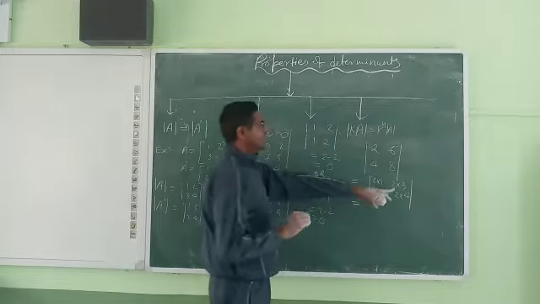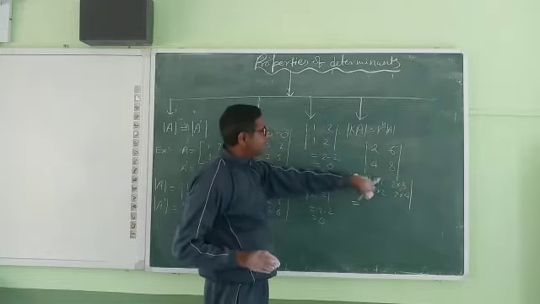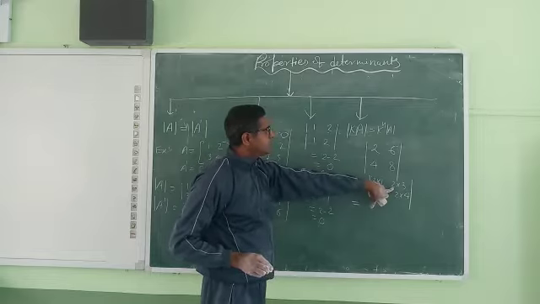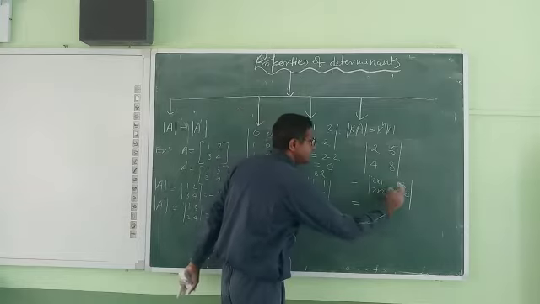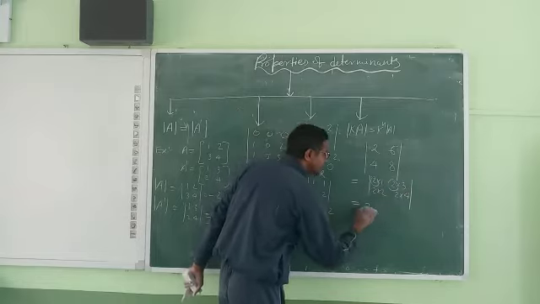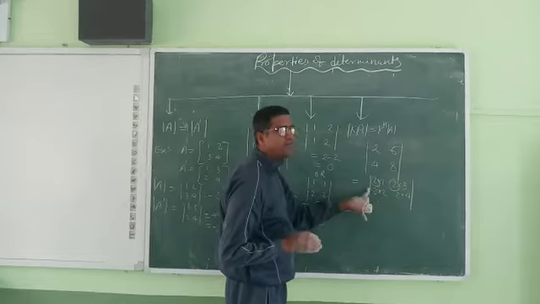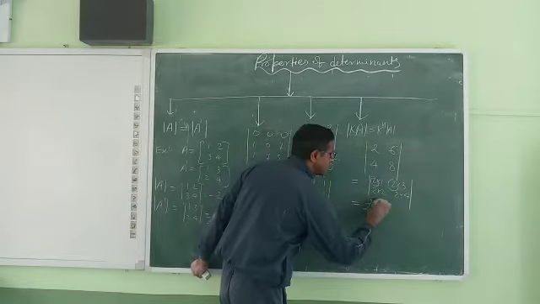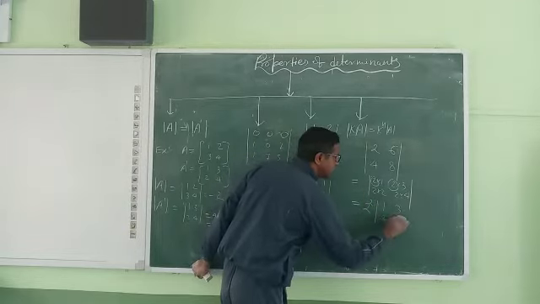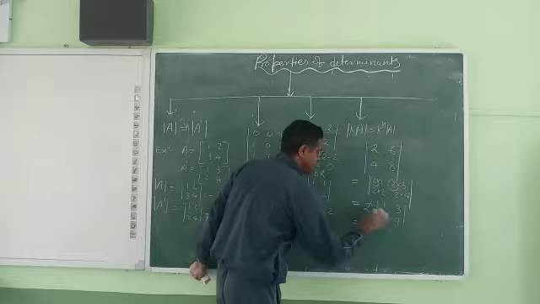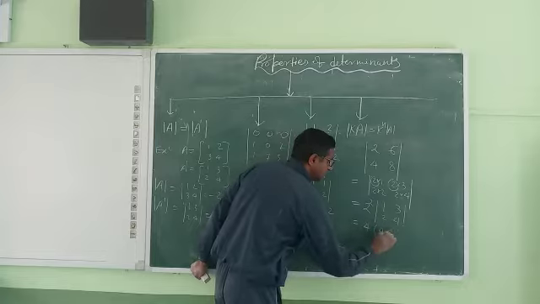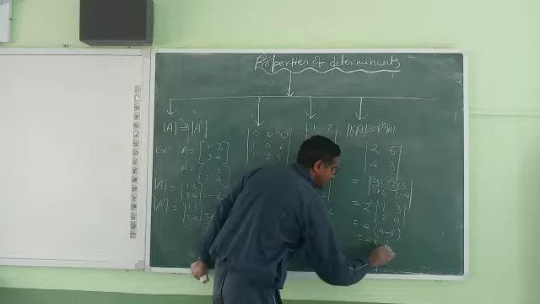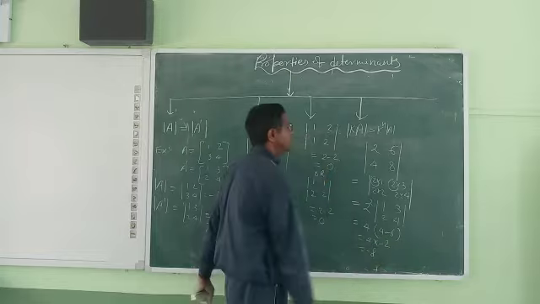Since 2 is common in the first row and also in the second row, one 2 will come out from the first row and the second 2 from the second row. Means 2 squared into the determinant 1, 3, 2, 4, means 4 into 4 minus 6, equal to 4 into minus 2, equal to minus 8.